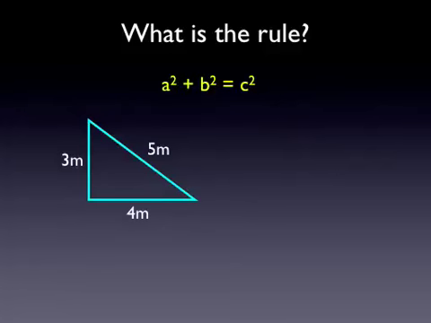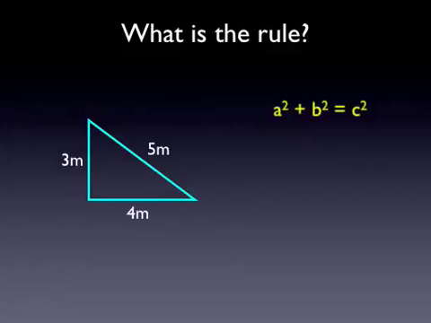So let's have a look at a right-angled triangle. Or actually, let's find out if it is a right-angled triangle, because there's not actually a right angle marked. Okay, let's do some working to test, using Pythagoras' theorem, is this a right-angled triangle? Let's see how the theorem works. So we've got A, B, and C. What side lengths are we going to use for A, B, and C?